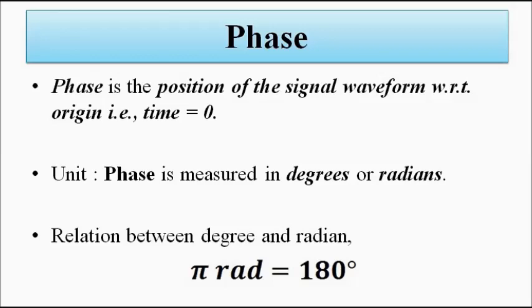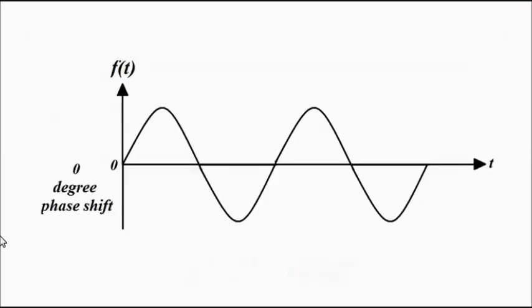So for example, if we want to understand phase, here this is the reference position. Here at the start, the signal is starting from the origin itself. So it means there is 0 degree phase shift, no phase shift.